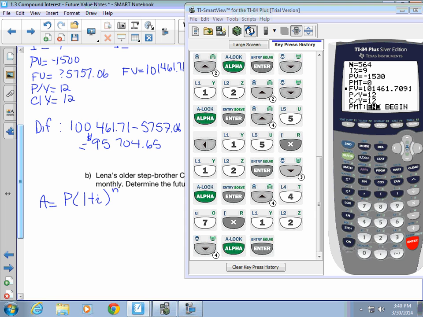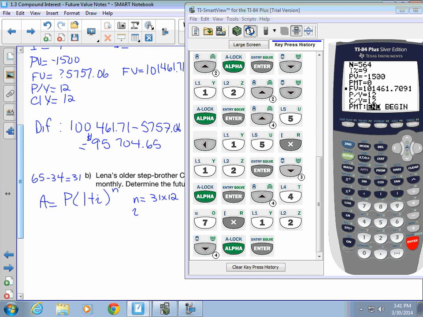So the n in this case is the number of compounding periods. He's going to do it from 34 to 65, so that leaves him with how many years? 31. So his number of years is 31, compounded monthly, so 12 times per year.